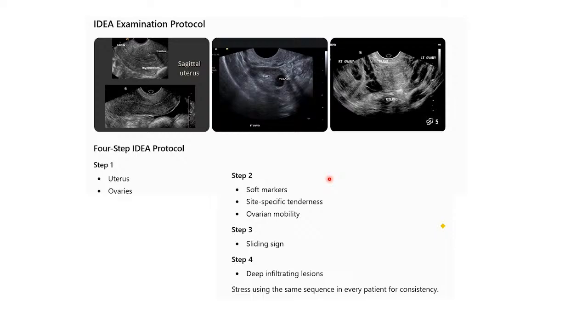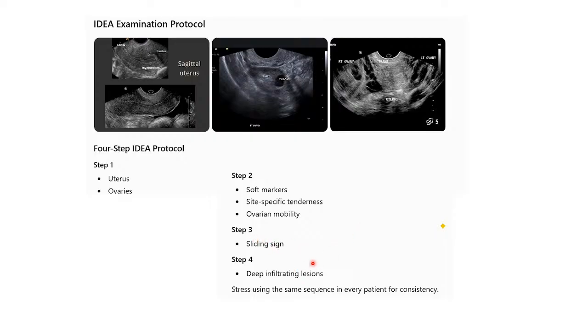Then the second step: soft markers, site-specific tenderness, and ovarian mobility. You have to check for obvious markers of endometriosis. Site-specific tenderness, go where the patient is saying this is where the pain is. Then ovarian mobility, check if the ovaries are moving.